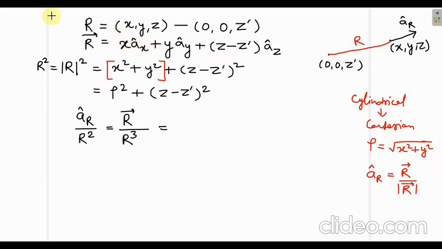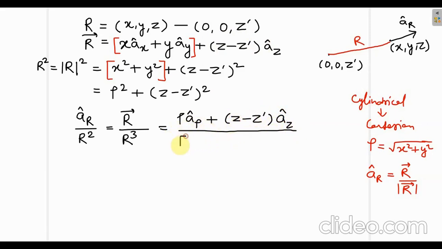In place of this x ax and y ay, we can represent it with rho a rho, plus z minus z dash az, upon this r cube.